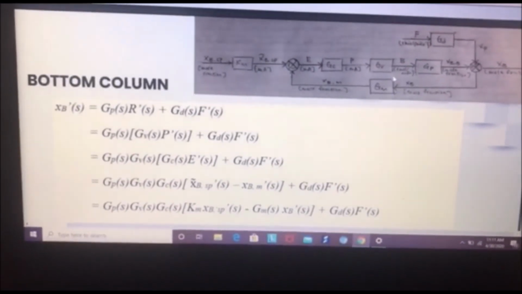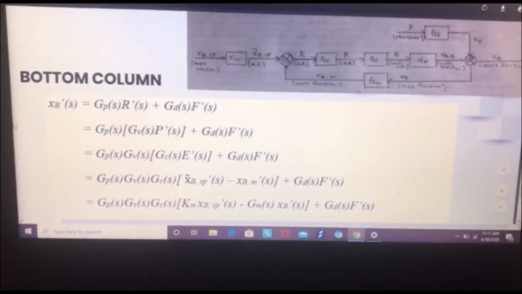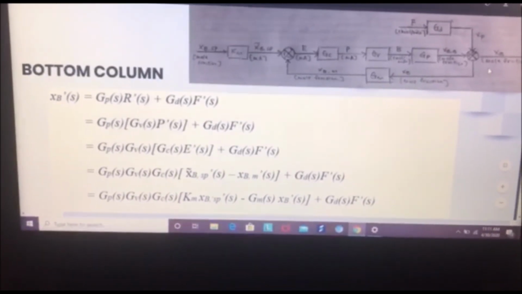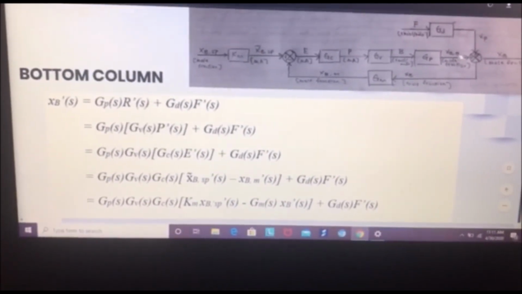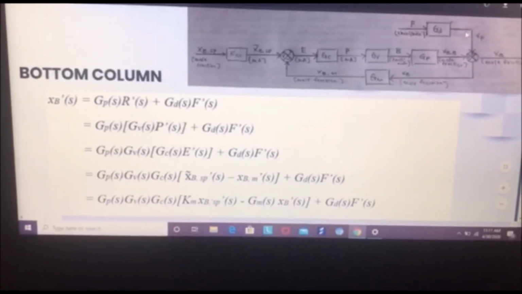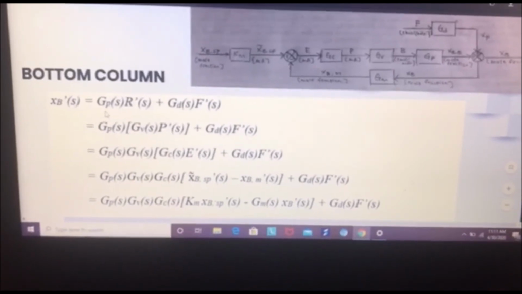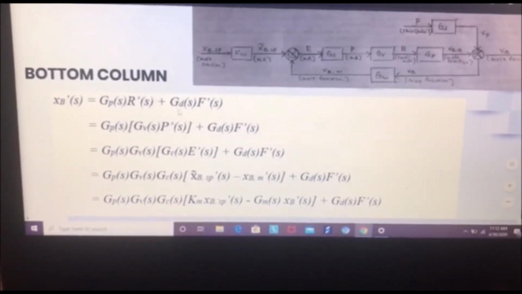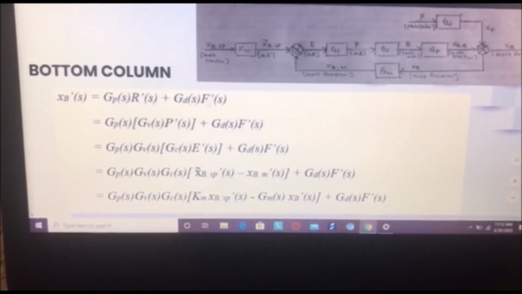As we look into the block diagram, the methanol composition at the bottom column is equal to the mole fraction change due to the bottom flow rate plus the mole fraction change due to the feed flow rate. So that will be equal to the process transfer function with Rs plus the disturbance transfer function with Fs.